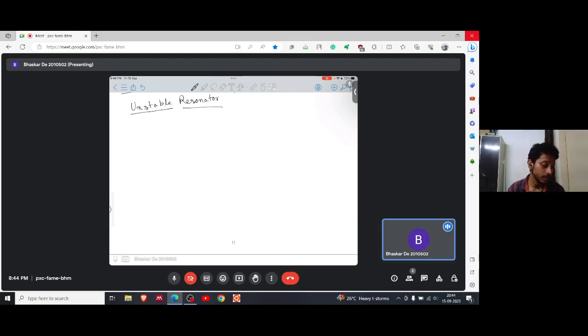So this is a type of laser resonator that can provide useful laser output with a reasonable beam quality without meeting the criteria for stability as discussed previously. So you don't need to meet the stability criteria, but you have to provide useful laser output with a reasonable beam quality.